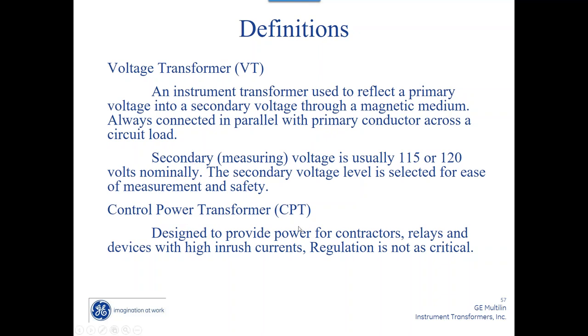So you need to be cognizant of that. A control power transformer will not maintain the regulation that a voltage transformer will. A CPT, you may see the voltage drop 20% during that inrush, where a PT will not do that.